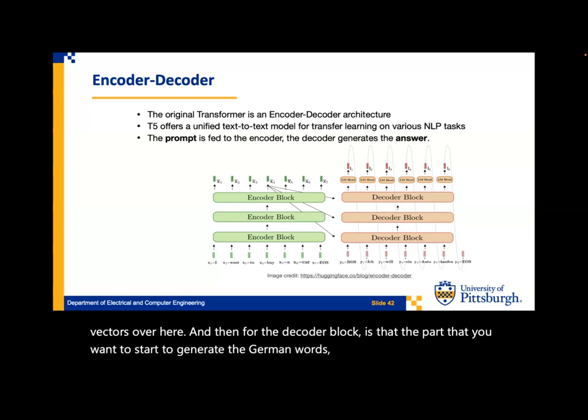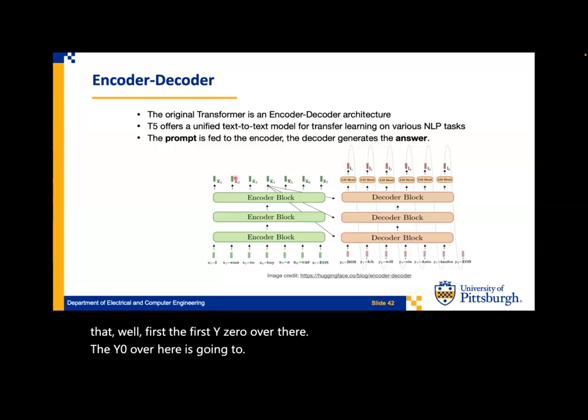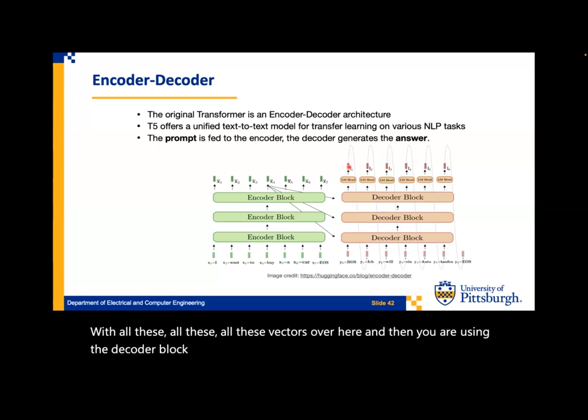So what happens is that, first, the Y0 over here is going to attend with all these vectors over here. And then you are using the decoder block to generate one word.